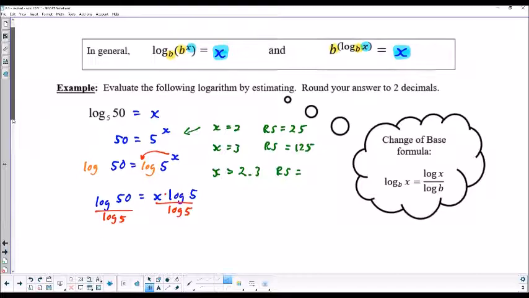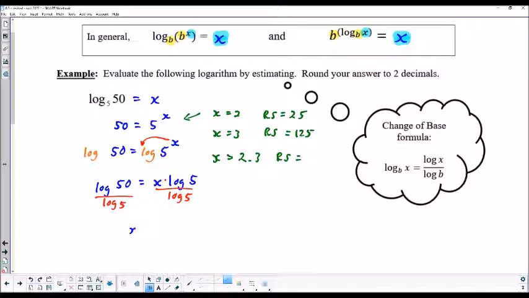Therefore, the value of x is the logarithm of 50 divided by the logarithm of 5. Notice that whatever the base is goes on the bottom, and the larger value goes up in the numerator.